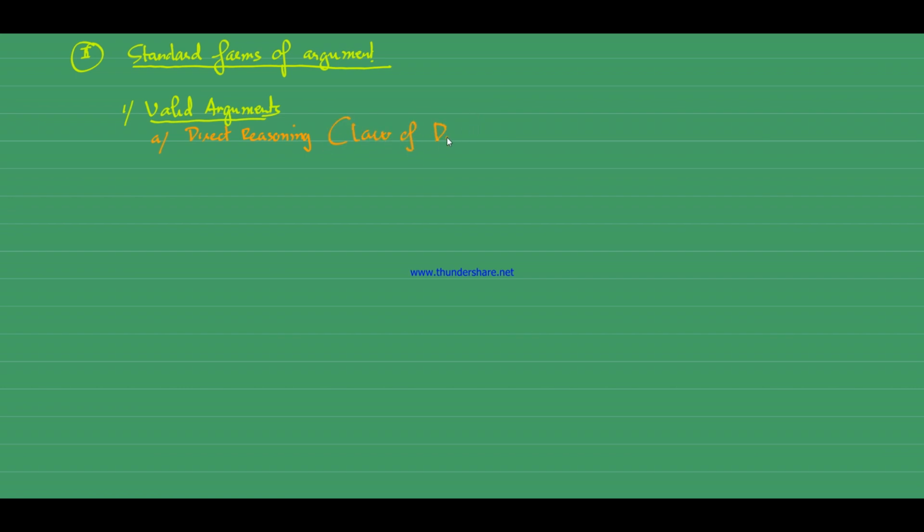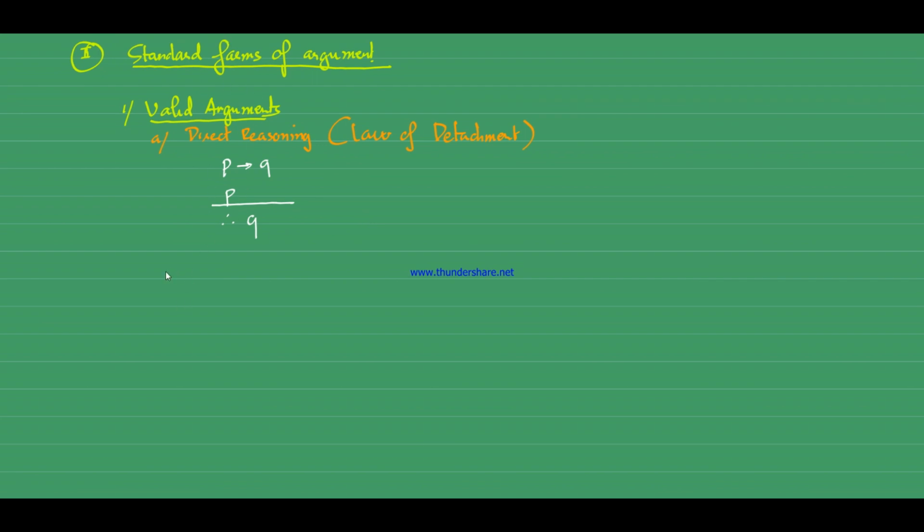And this is what it looks like. You have P implies Q. That's the first premise. And the second premise is P. Therefore, you have Q. So if your argument is in this form, then you can jump to the conclusion right away. This is a valid argument. So that is direct reasoning.